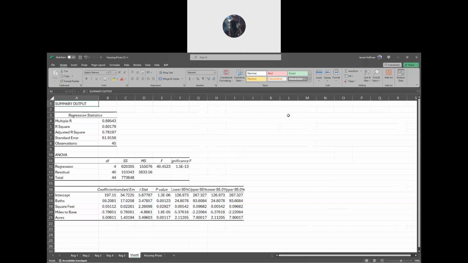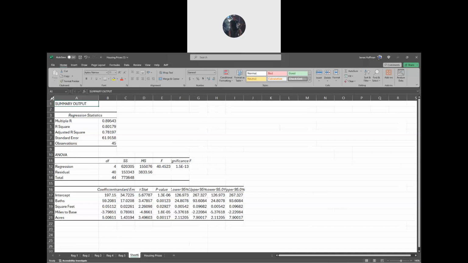Okay, so this is the output for part A you want to include? Did you change the numbers? Oh, I'll do that.